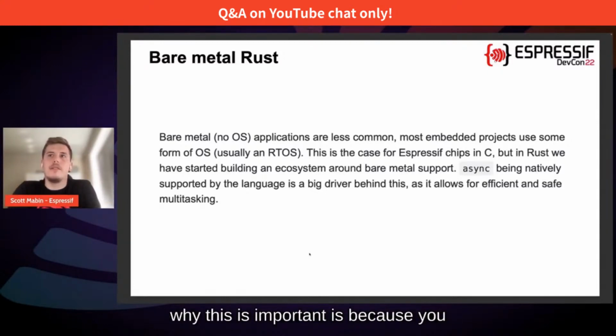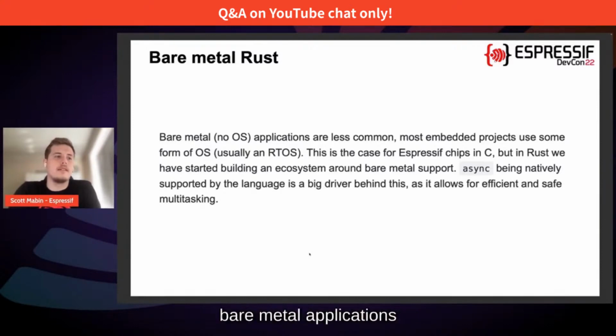And the reason why this is important is because with async, you can have efficient, safe multitasking without a scheduler or anything like that. Typically in bare metal applications, you're generally limited to a single thread that does a load of things in one go. And it becomes quite unwieldy to manage that, whereas async really helps there.